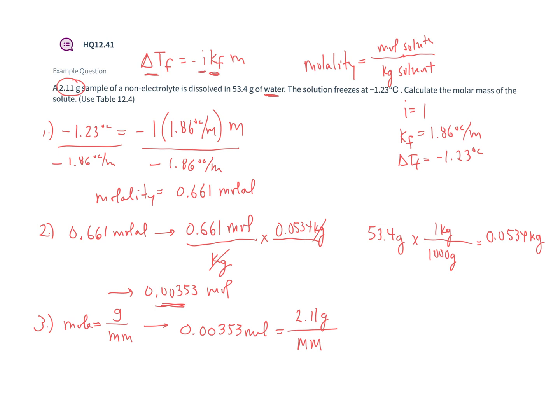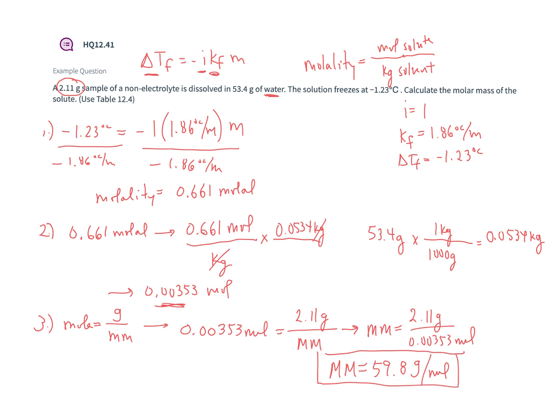So I rearrange this equation to see that my molar mass equals 2.11 grams divided by 0.00353 moles. Divide that through, and the molar mass for this unknown comes up to be approximately 59.8 grams per mole.